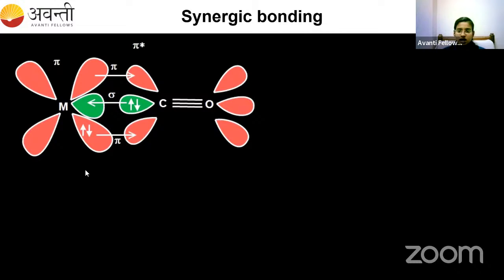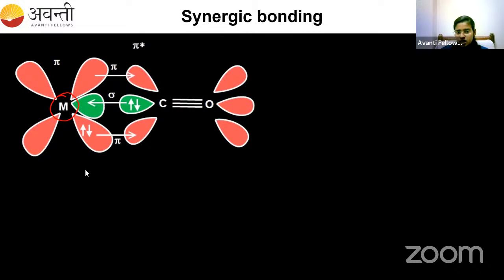Listen. So I have a metal. Metals will have d orbitals. Okay, 5 d orbitals will be there. Some of the orbitals may be filled and some of the orbitals may be empty. So this is one of the orbitals.